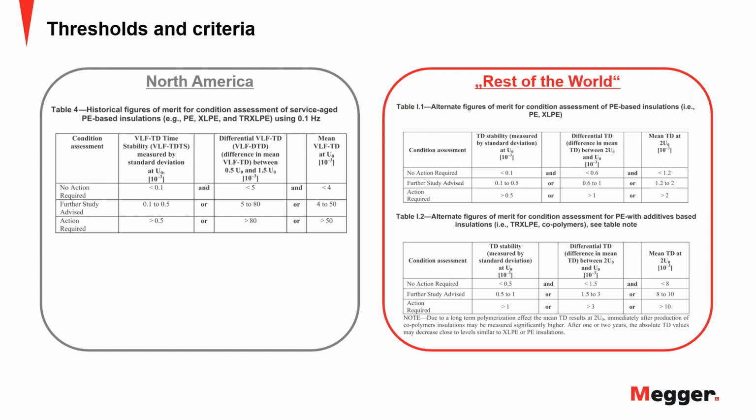But there are common values, and they all come together around similar values. They are slightly different from company to company, but they're not so different when we're talking XLPE cables.